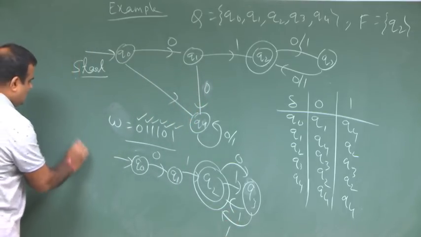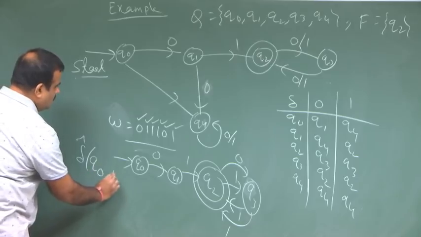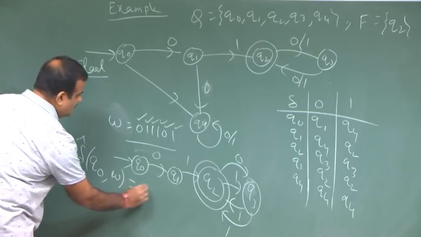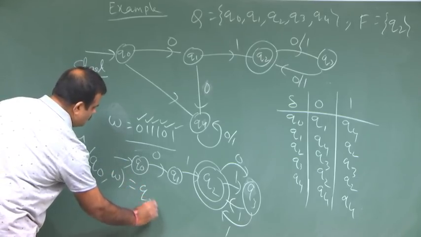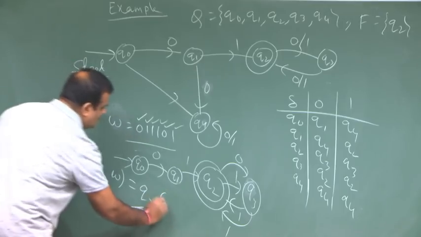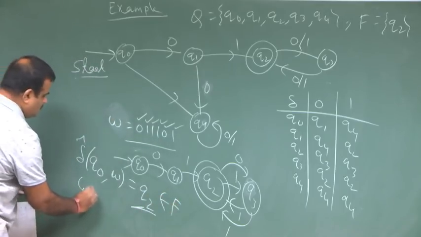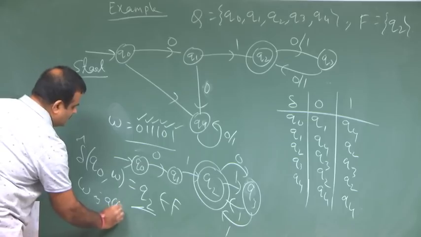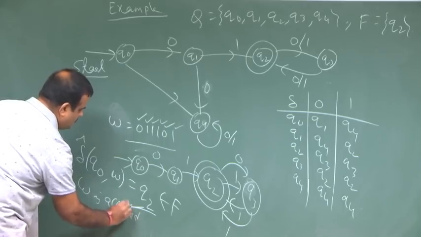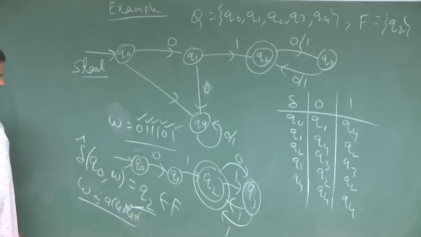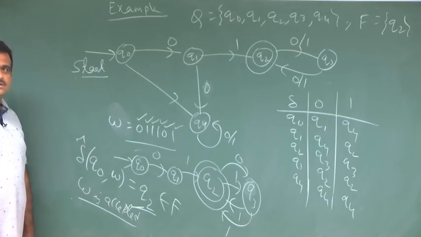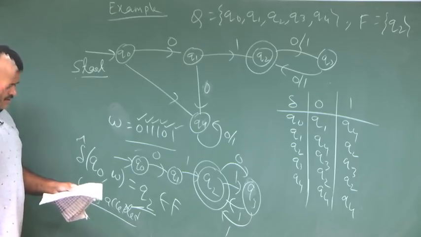So, delta hat of q0 and this w is giving us q2, which is an accepting state, which belongs to F. So, that means w is accepted. So, this is one example.